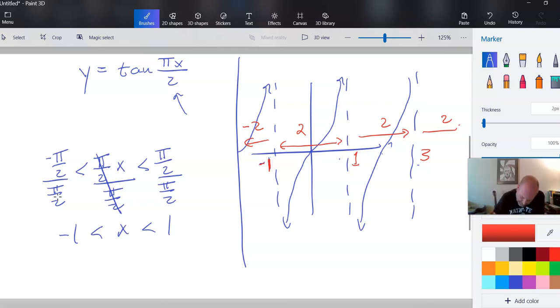What that means, and there is some really fancy notation for talking about unioning a bunch of intervals together, but we're not going to be using that at this point, is that I have discontinuities at x is equal to 1 plus 2n, where n is an integer.